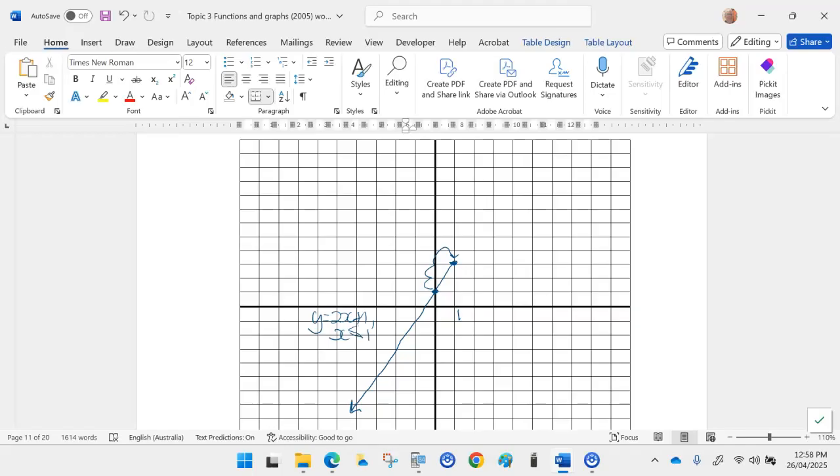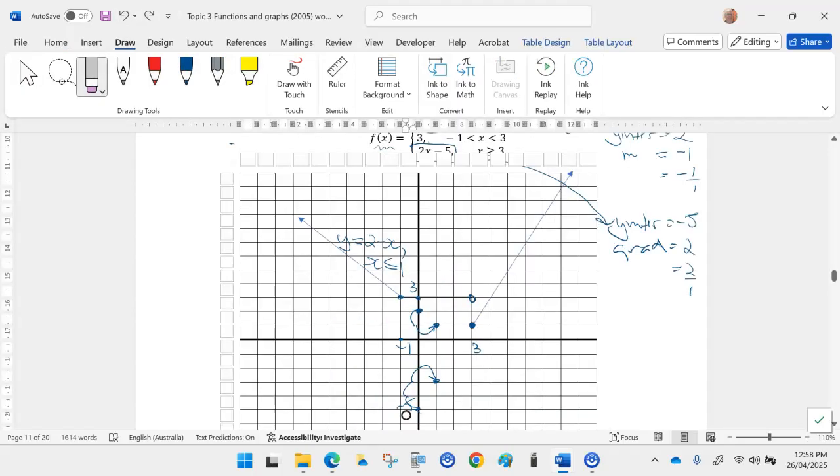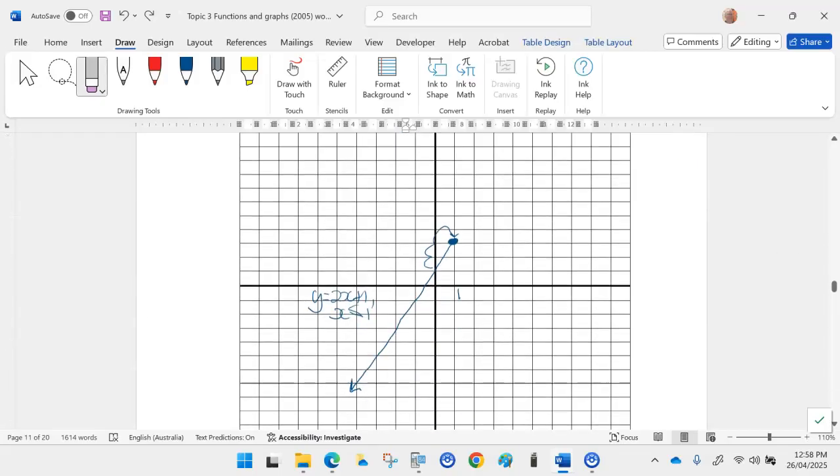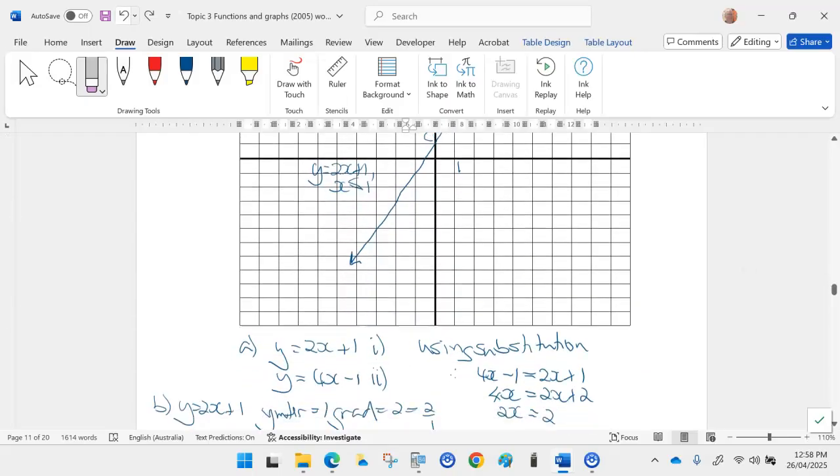Now, it being x less than or equal to 1, at the end of this line I put a great big dot. There we are.